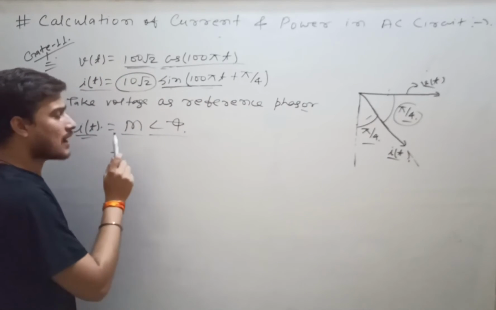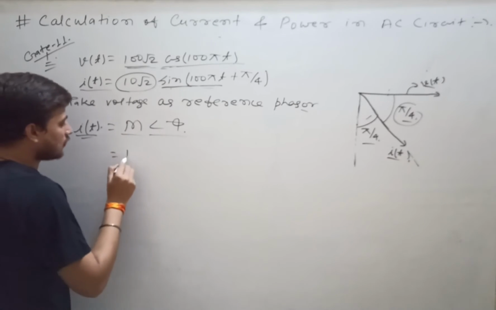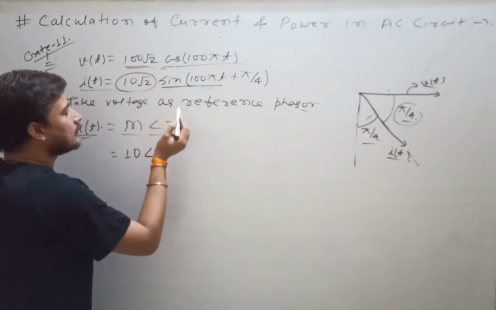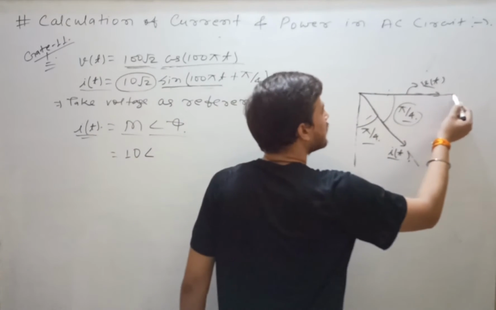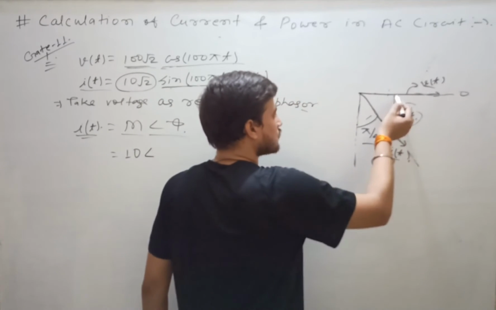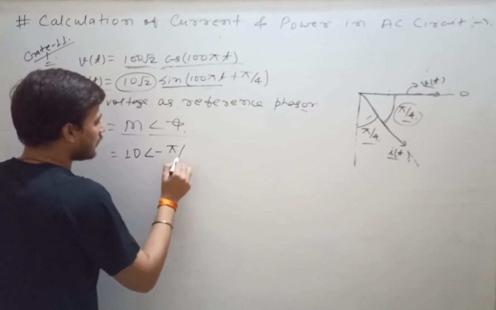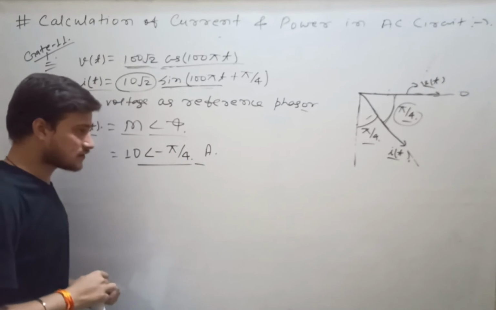That means magnitude will be Im divided by root 2, that means 10. So here it will be 10 at the angle. What will be the value of phase angle? Here you assume 0 for reference. So here it is lagging by pi by 4, so it will be minus pi by 4. This will be the answer of the first question.